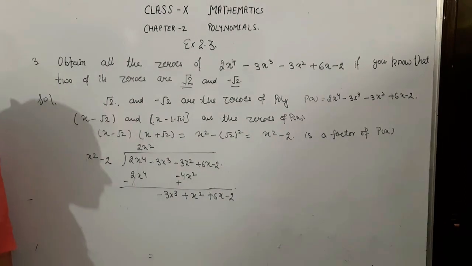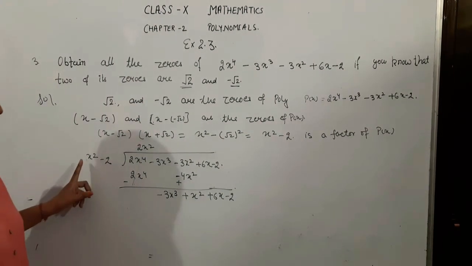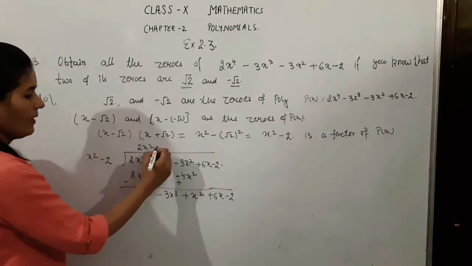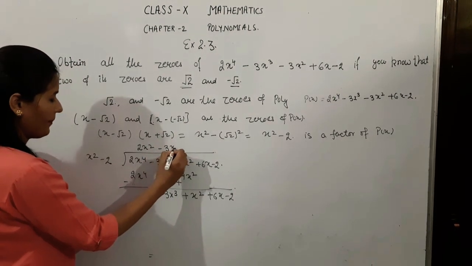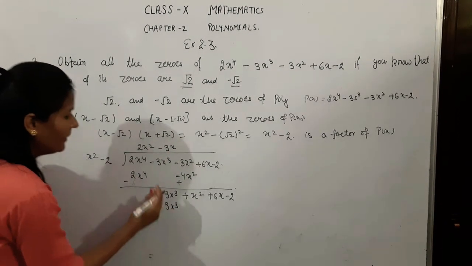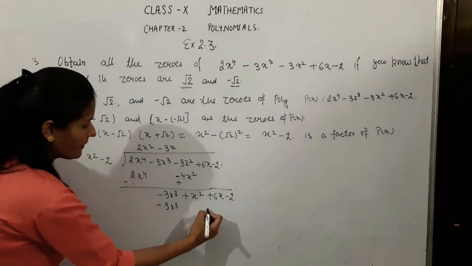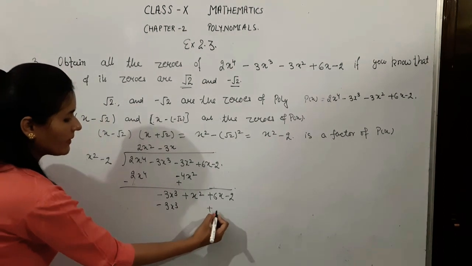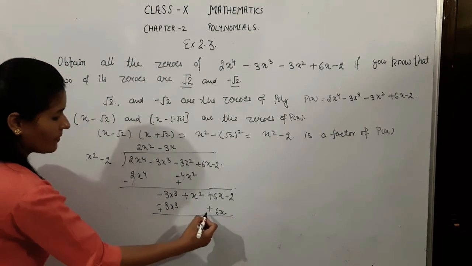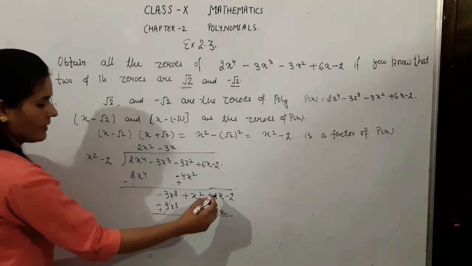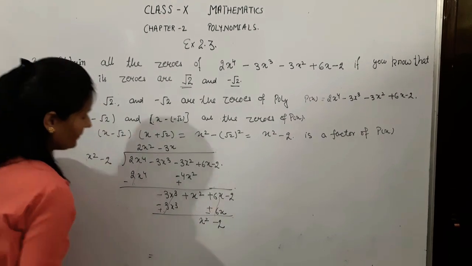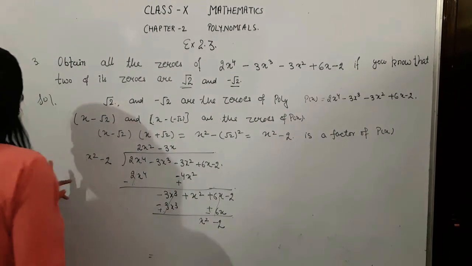Now which number is to be multiplied by x square so that we get minus 3x cube? So here we multiply 3x. It will become minus 3x cube plus 6x. Change the signs, positive and negative. These are cancelled and we are getting x square minus 2. Now they are the same.